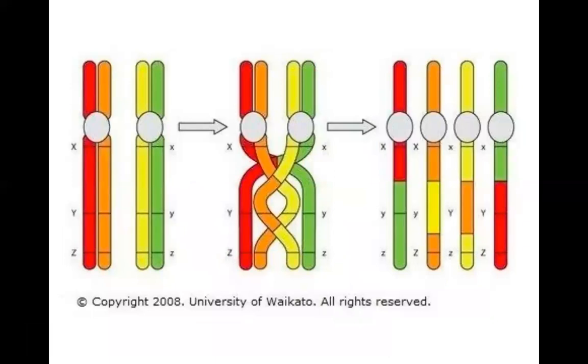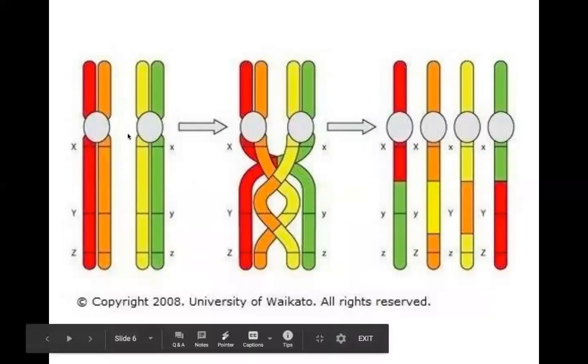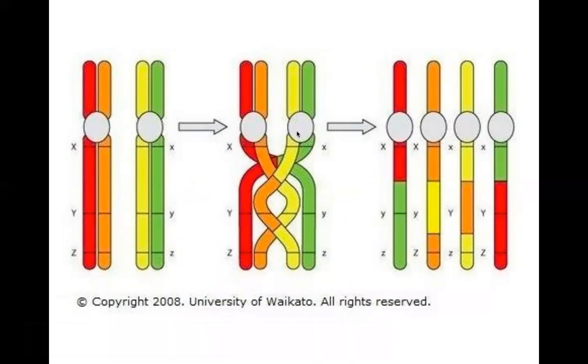Now, during the process of crossing over, you can see that genes actually get swapped in the same locale, because that's where they are controlling the same body traits. So in this particular case, what you're seeing right here, this is the centromere, in this big oval circle. This particular chromosome is orange in color.